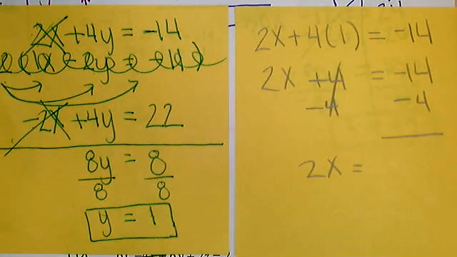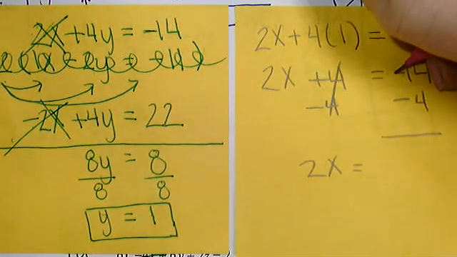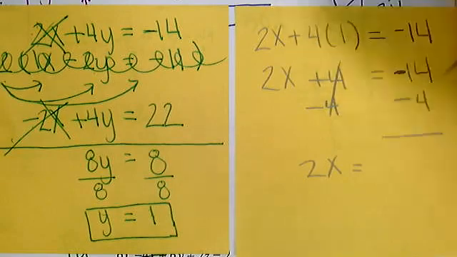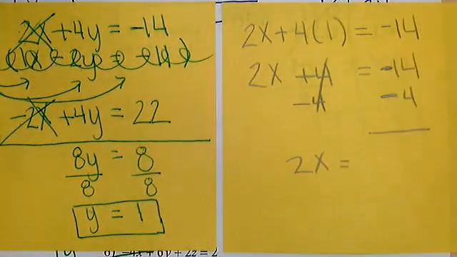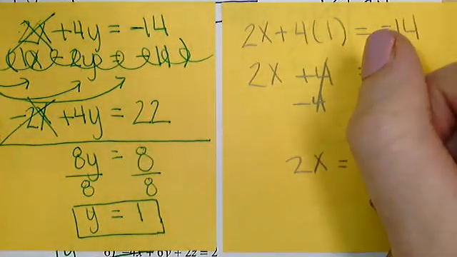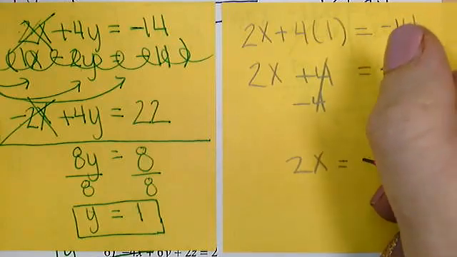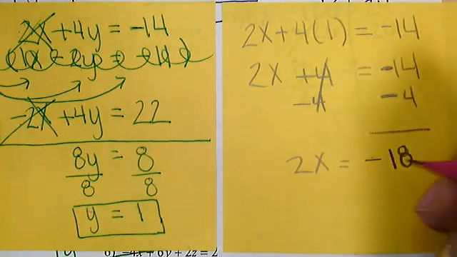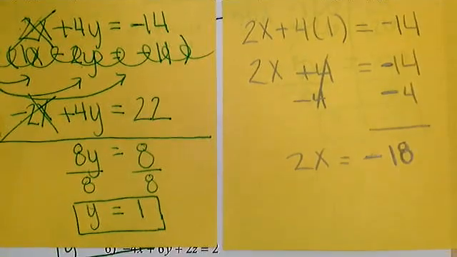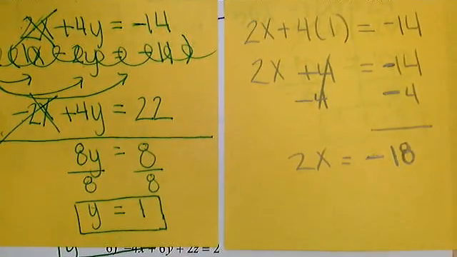I think I made a mistake. I think I got something different. If I have -14 and -4, do I get... I gotta use that calculator, right? That blue calculator. I think you got the right final answer though, right?